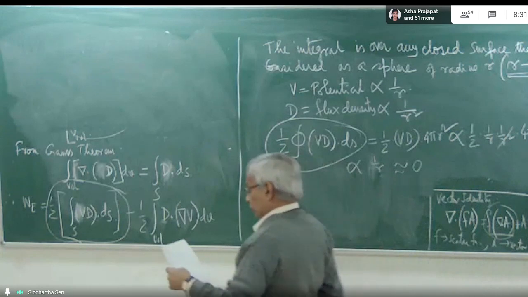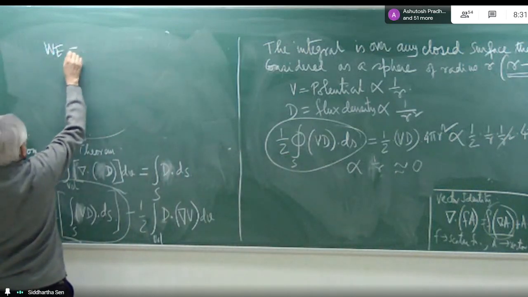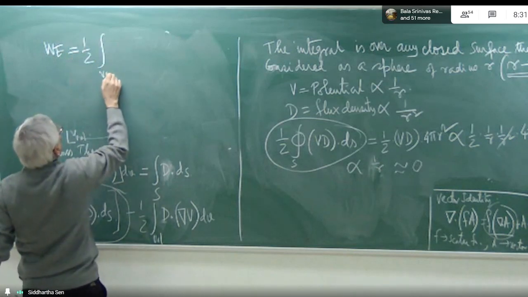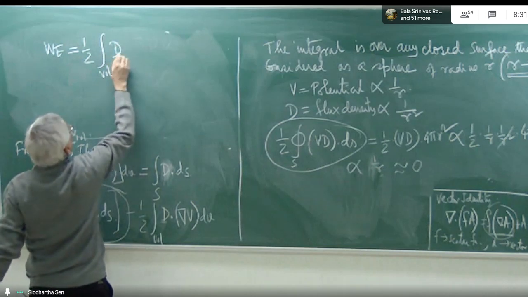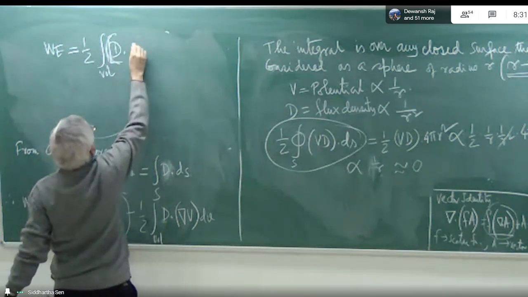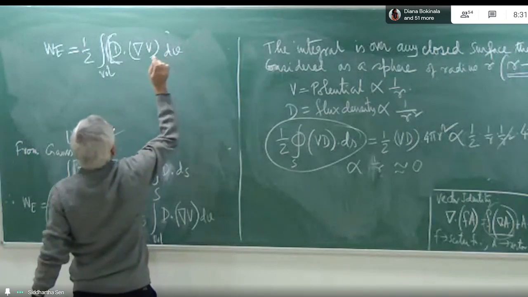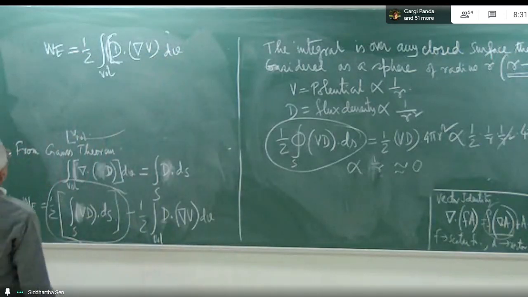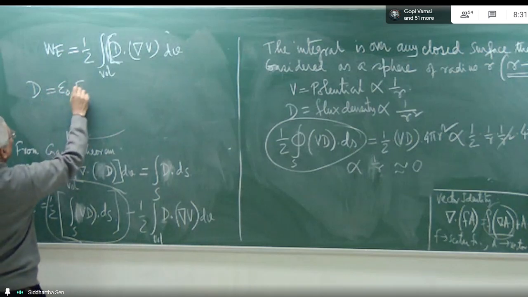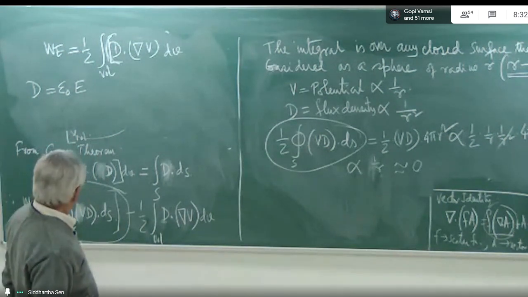So now it is much easier, because WE is equal to minus half of the volume integral of D dot nabla V into dV. Okay, so what is D? Epsilon 0 into E. Sir, there is a minus sign before that. Where?